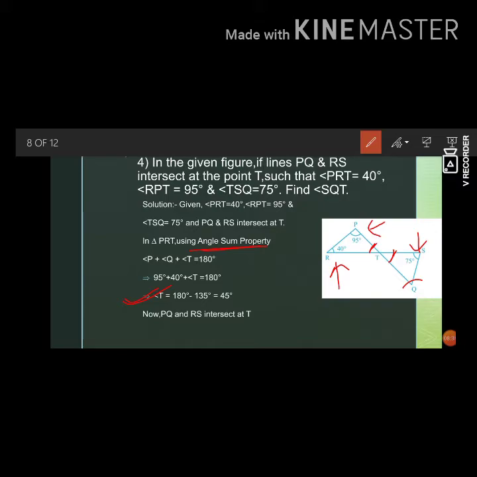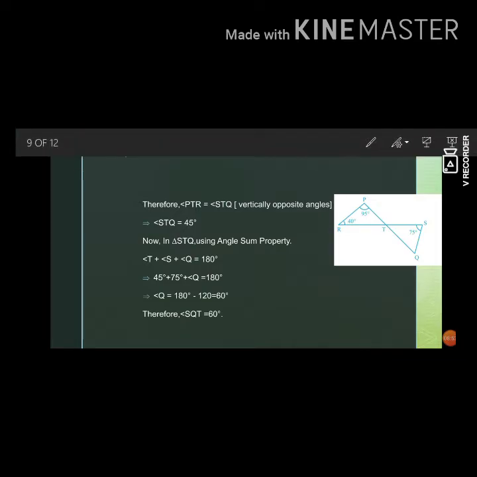So now in the triangle STQ we have 75 at angle S and 45 degrees at angle T. Same thing, using the angle sum property we are going to find angle Q. Substituting all the values and subjecting Q, we get 180 degrees minus 120 degrees, that is 60 degrees. So our angle SQT is 60 degrees.